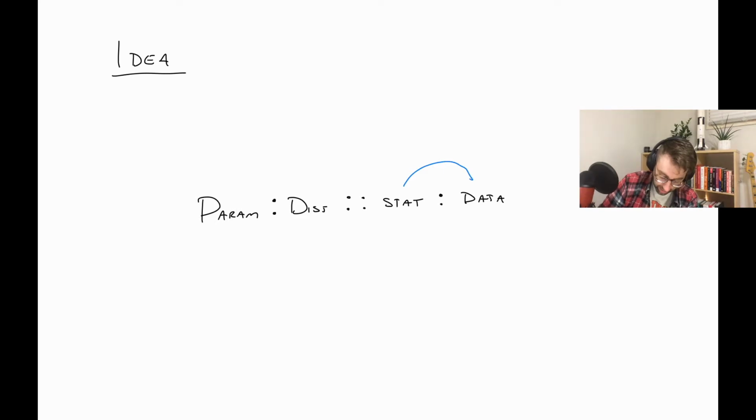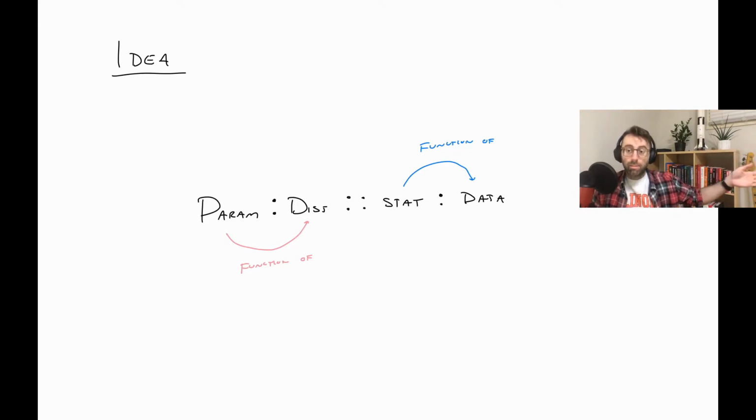I think at this point, everyone would agree with me that a statistic is a function of data. What I want to get across is that similarly, a parameter, and I'm loosely defining parameter here, is a function of a distribution. Okay, so I want to use this idea now to estimate properties of a distribution instead of just a distribution.